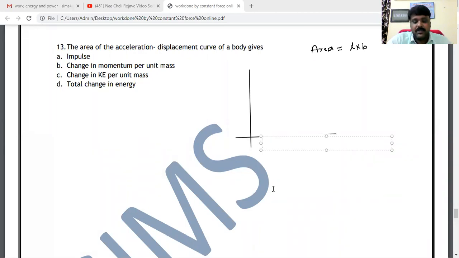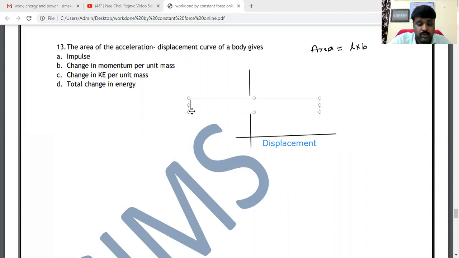Let us say this one as displacement, and in the y direction, let us take it as force, sorry, acceleration, right?